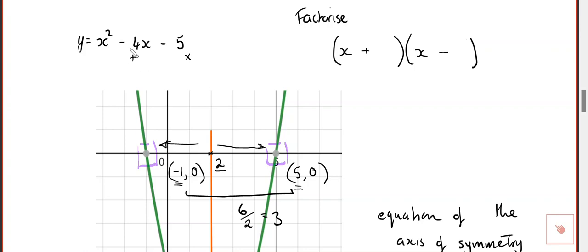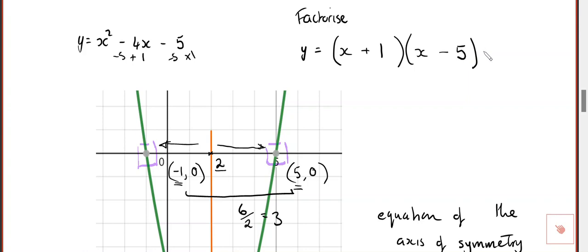The brackets must have x plus and x minus. The negative means the bigger number must be negative. So -5 times 1 does give me -5. If I do -5 add 1, do I get -4? Yes, you do. So we've got y equals, it's still y equals, but we've got x plus 1 and x minus 5.